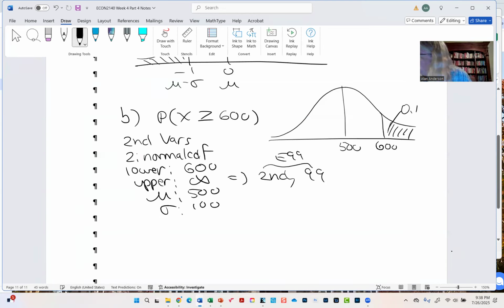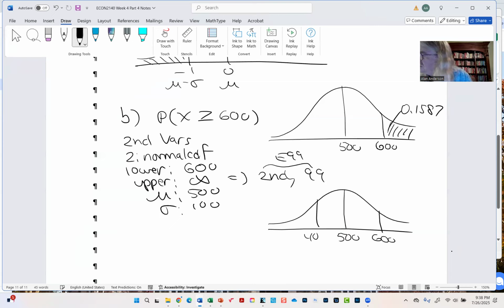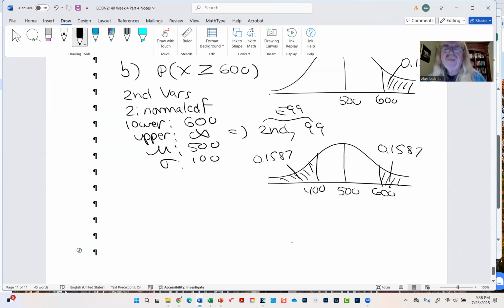Now, if you notice, we're starting to see this number a lot. It's not a coincidence because of the symmetry of the distribution. That's how this happened.